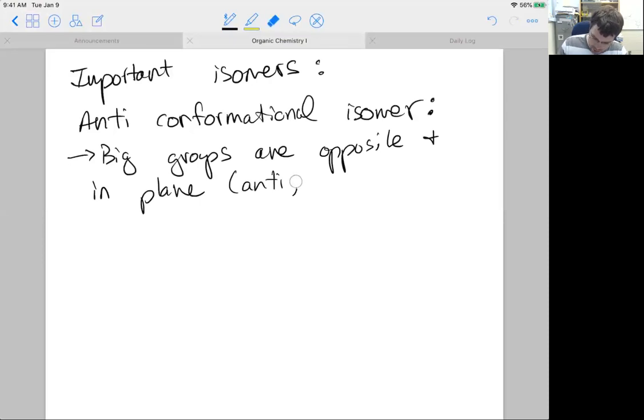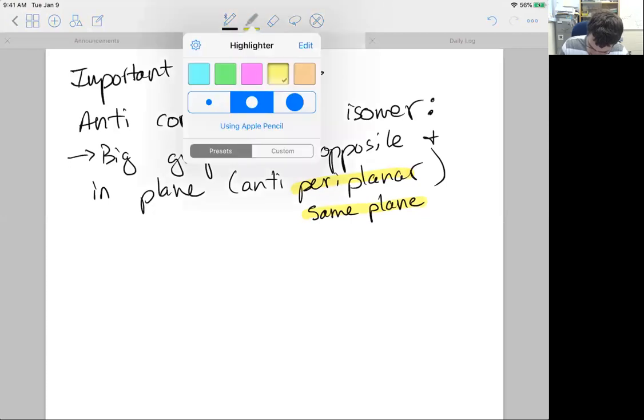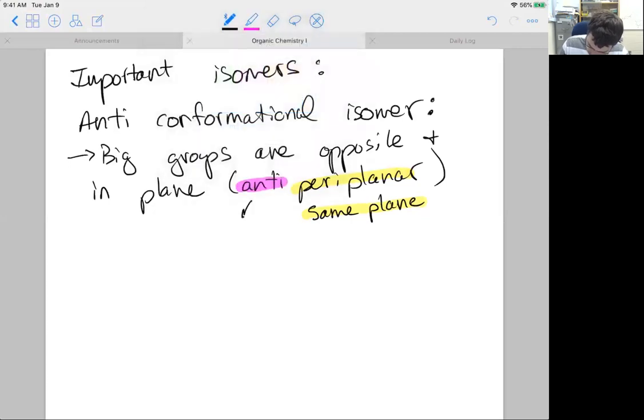And we say that the groups are anti-periplanar, where periplanar means same plane, and anti means opposite. Okay, so they lie in the same plane, but they're on opposite sides of the molecule. We may also call this periplanar or coplanar.